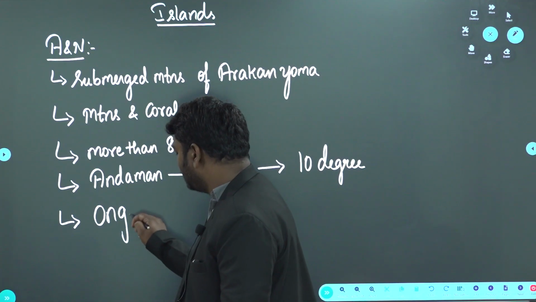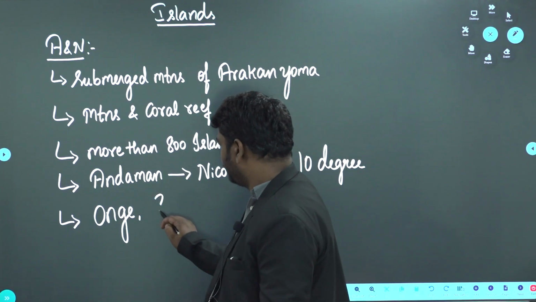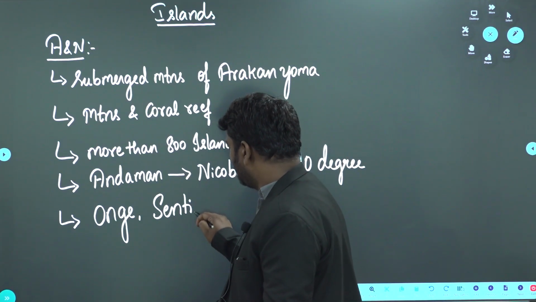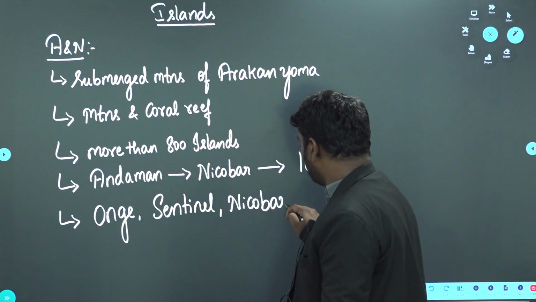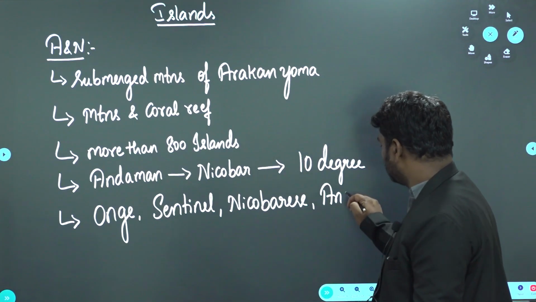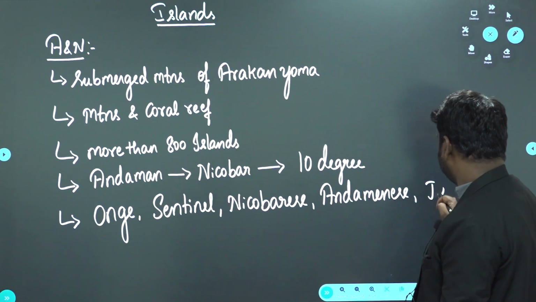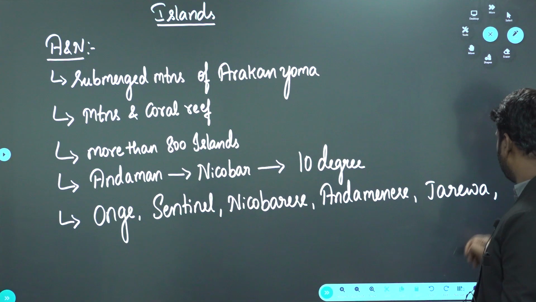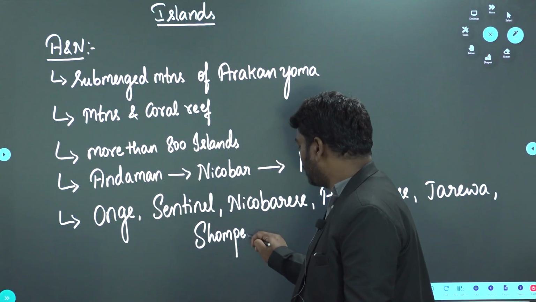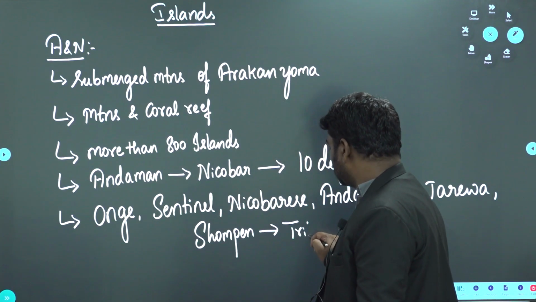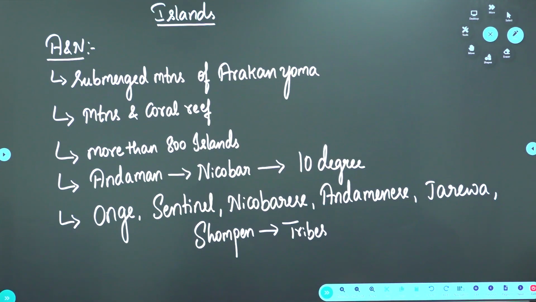This is very important again this year due to elections. Sentinelese, Nicobarese, Andamanese, Jarawa, Shompen tribes. These tribes are very important.